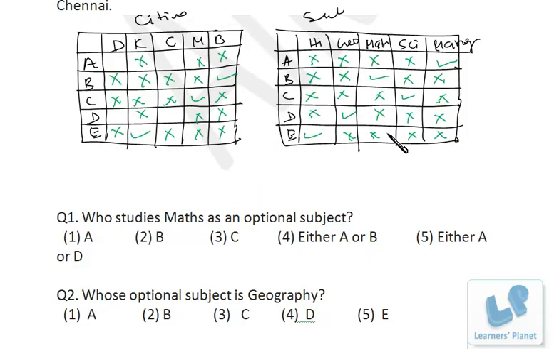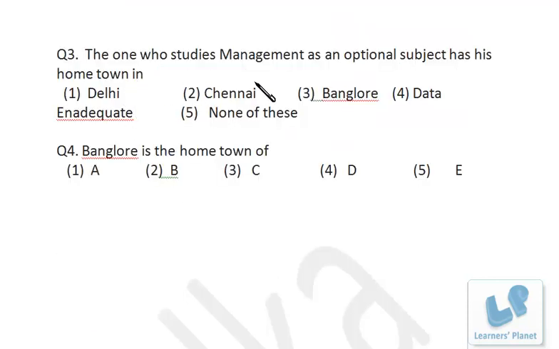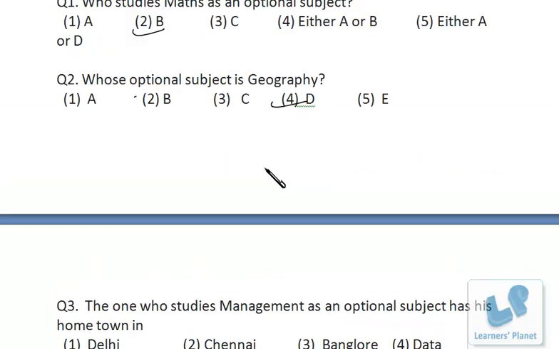Now, once again, whatever time you have spent in making this matrix will be distributed among 4 to 5 questions. Who studies maths as an optional subject? That's B, for sure. Whose optional subject is geography? Geography is of D. The one who studies management as an optional subject has his hometown in?